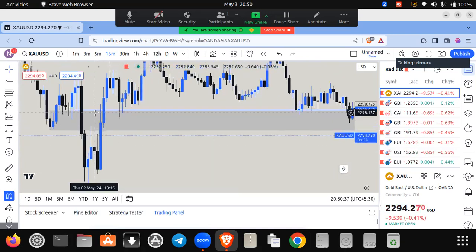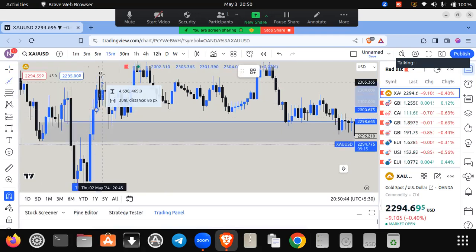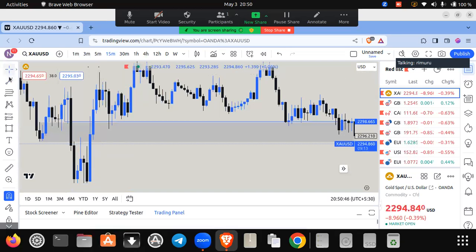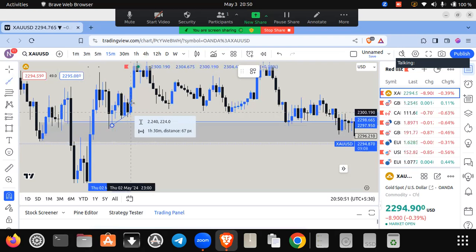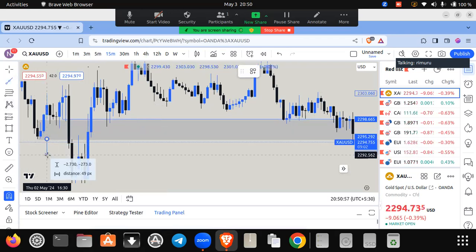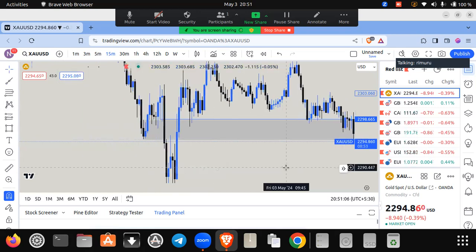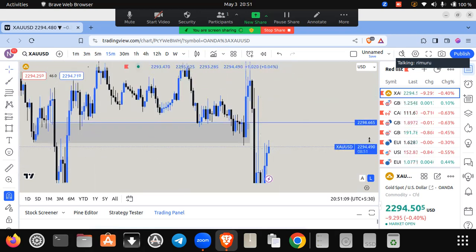So where will you take your trade? You will take your trade either here or you will wait for a retest here, on the starting price of your zone. And your SL will be 10 pips below this point. Your SL will be here, 10 pips below this zone. And as you can see, this zone gave us so many pips.